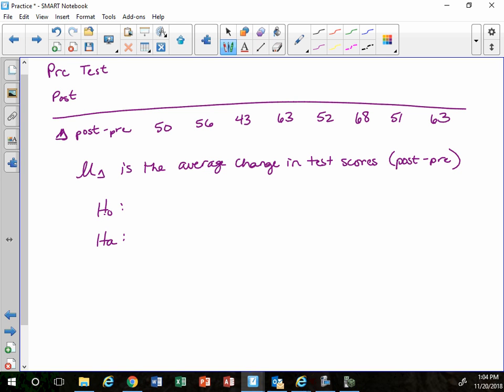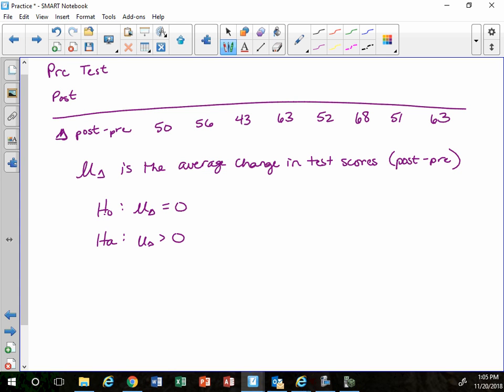That it equals 0, that there's no change. So mu of delta equals 0. That's my null. Alternative, we want to know if his teaching worked. So what do you think the alternative is going to be? Mu of delta is greater than 0. Does that make sense?